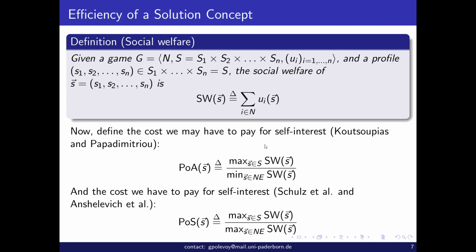And now we define the cost we may have to pay. What is the price, which I spoke about, of assuming Nash equilibrium? What is the cost society pays for every player playing what is best for her, every player being self-interested?